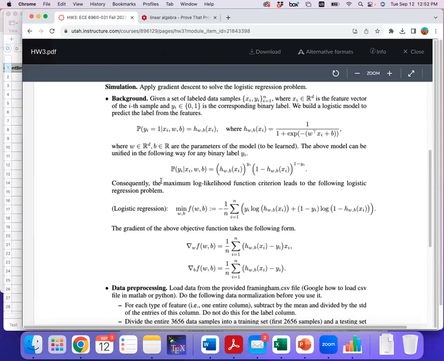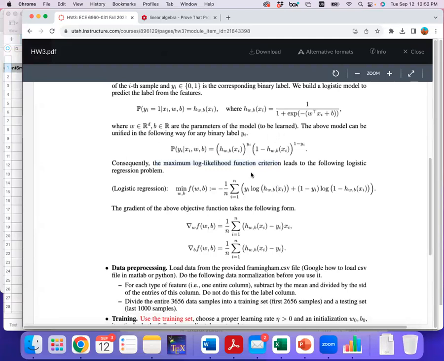And then we can follow the maximum log likelihood criterion that we talked about in lecture 0. That maximum log likelihood framework will lead to the following optimization problem, which is the logistic regression problem. We want to find model parameters W and b so that the following loss function is minimized.